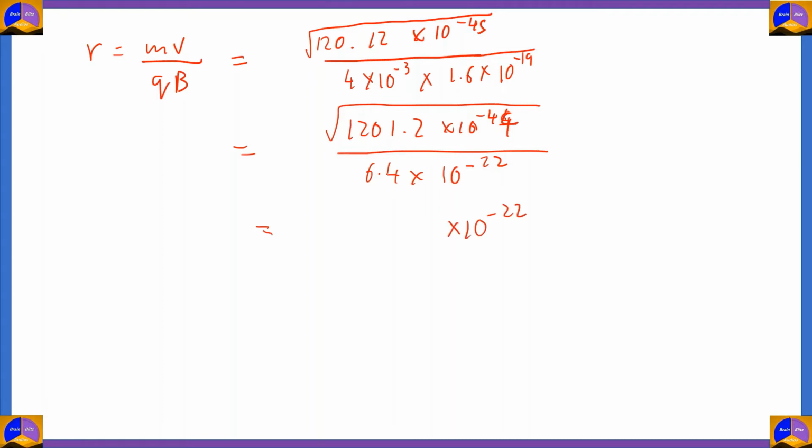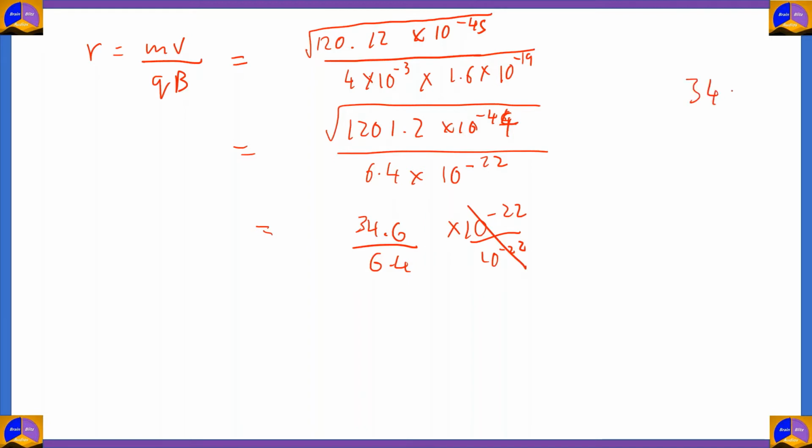And the square root of 1201.2 will be approximately equal to 34.6. Now 34.6 divided by 6.4 × 10^-22, divided by 10^-22. So these two get cancelled, and we have 34.6 divided by 6.4.